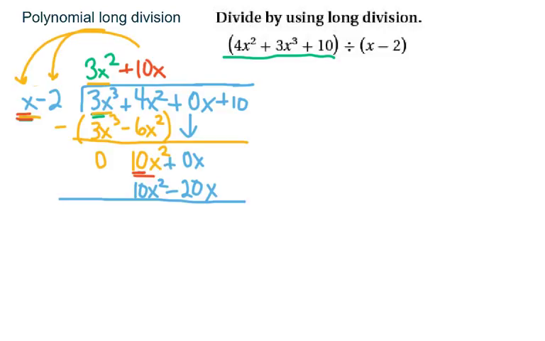That's why we need our placeholder. We're going to subtract, because I have to subtract the 10x squared and I have to subtract the negative 20x. 10x squared minus 10x squared is 0. 0x minus negative 20x is plus 20x. And we'll bring down our plus 10.